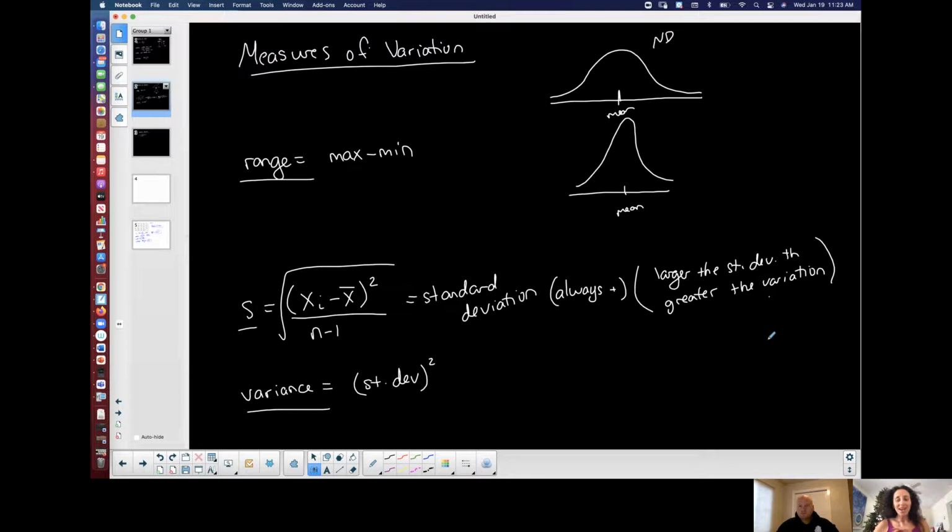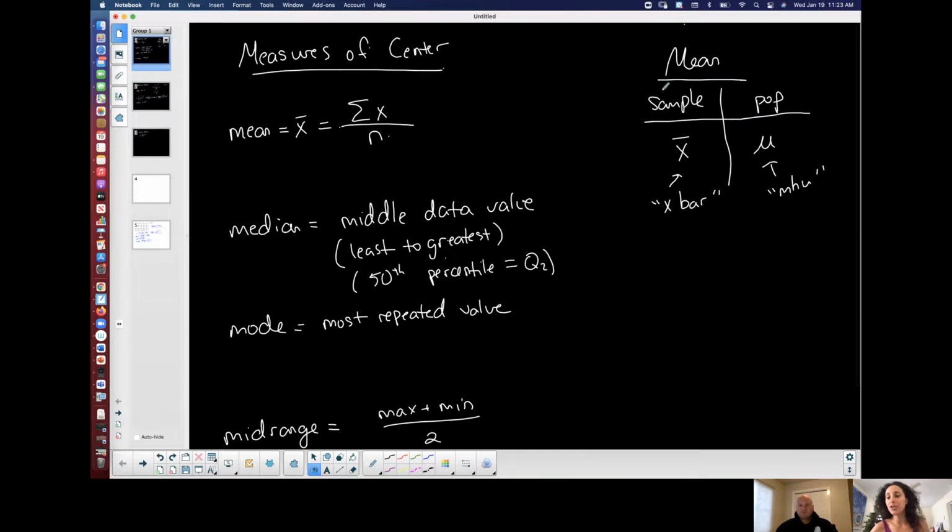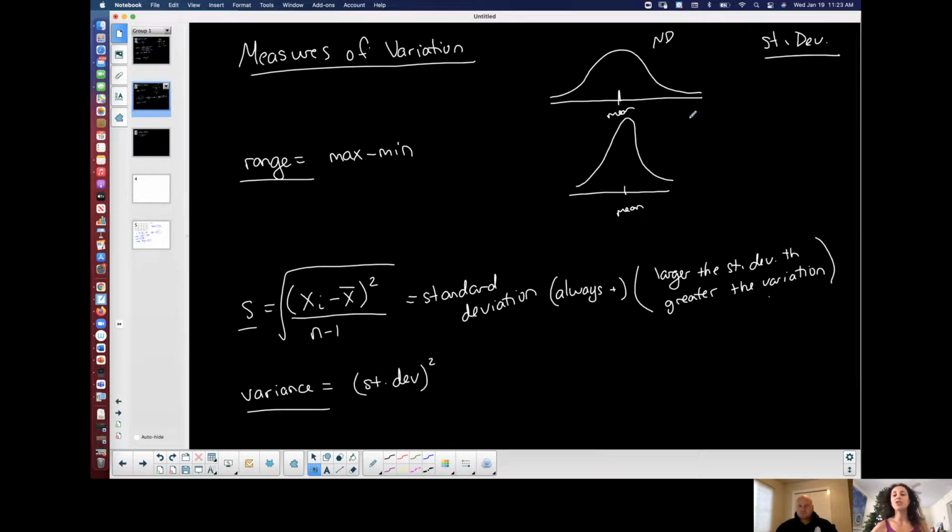Also, on top of that, for standard deviation, and you're going to see me probably put this table out, just like the mean has a notation or variable to represent the sample mean versus the population mean, so does the standard deviation, and you need to recognize them. You need to be able to see them and recognize exactly, oh, this is the sample standard deviation, this is the population standard deviation, just based on how it looks.